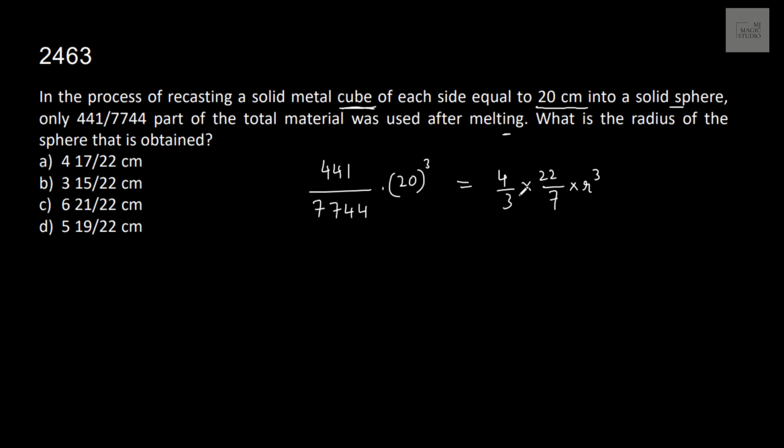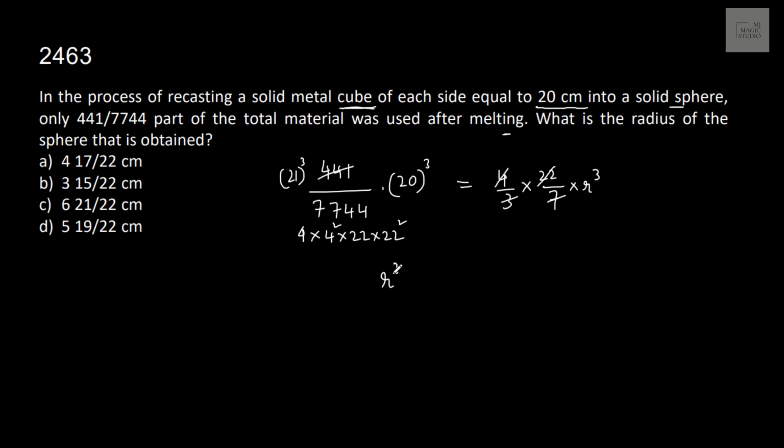441 is 21 squared. 3 into 7 is also 21. So I can make this 21 whole cube. Now 7744 is 4 into 4 into 22 into 22. So from here I'll get 22, from here one more.